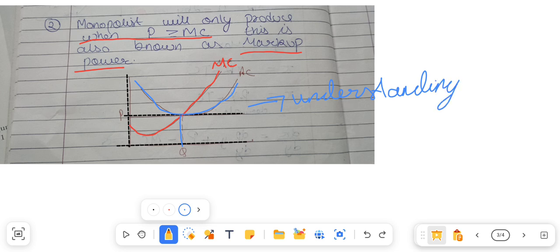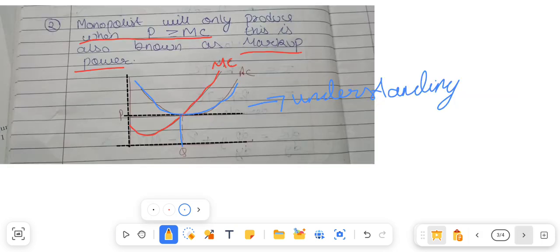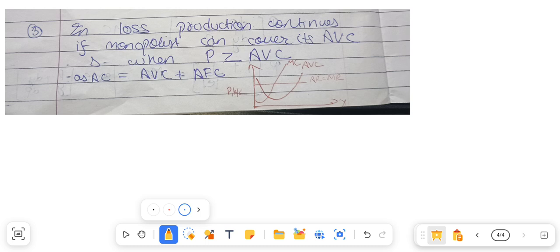When a question is asked on profit maximization in monopoly, you must draw the first graph, then this one, and let's move ahead.